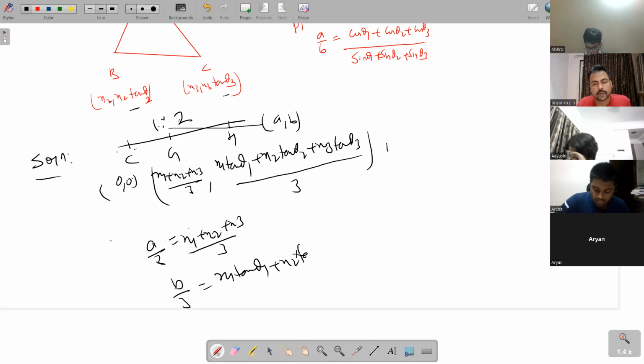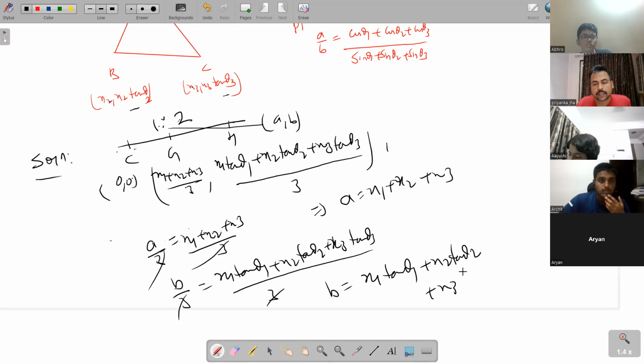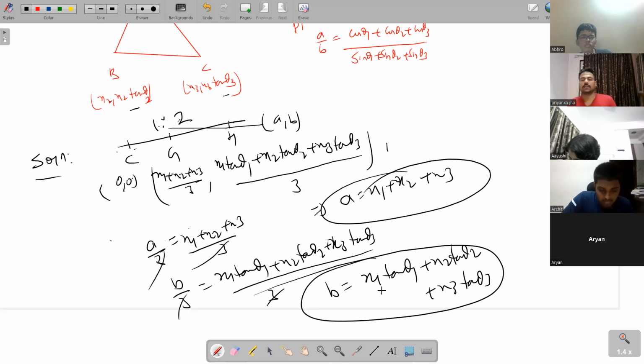All right. Hope I am clear. So from here you can see that you have A equal to x1 plus x2 plus x3 and B equal to x1 tan theta 1 plus x2 tan theta 2 plus x3 tan theta 3. So you have this and this. Note it down first.